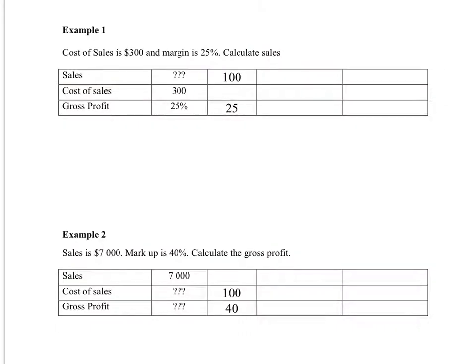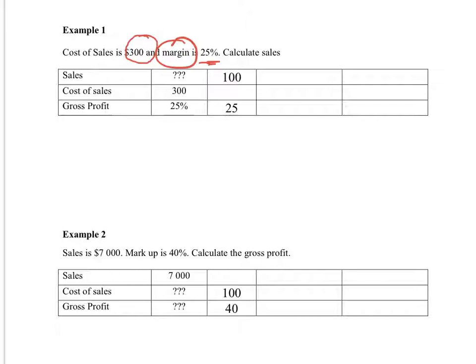So here's example 1 taken out of your workbook, and in this case we've been given the margin. The margin is 25%, and cost of sales is $300, because they've got to give you some information, and they're prepared to tell you that the cost of sales is $300, but they're not going to tell you what the sales figure is or what the gross profit figure is, but they give you the margin.